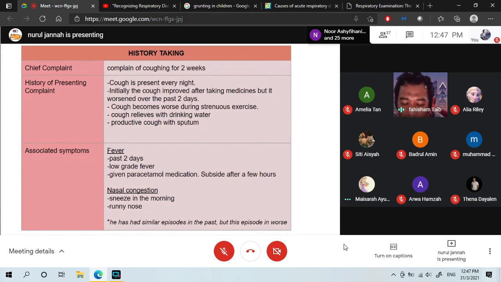Reversibility, what does it mean, reversibility? Yes, Mustaqim? When the trigger is removed, it is improved. Not when the trigger is removed. When you give bronchodilator, it's improved, right? Because it's bronchospasm.